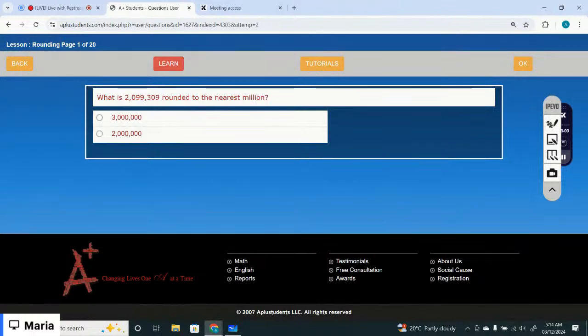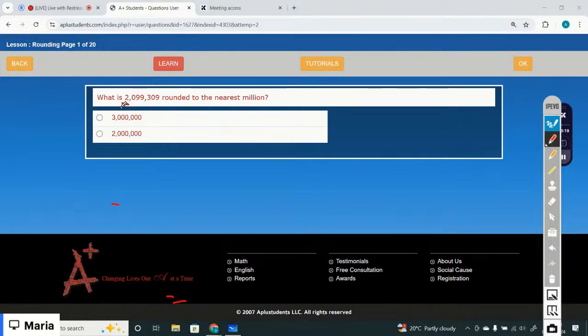What is 2,099,309 rounded to the nearest million? So look at the millions digit, that is 2.